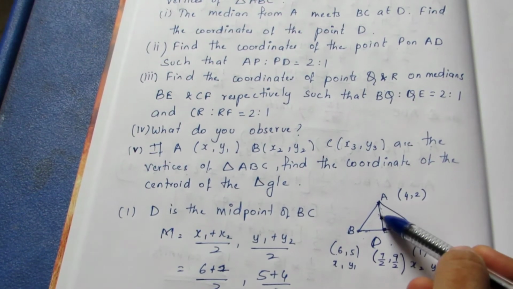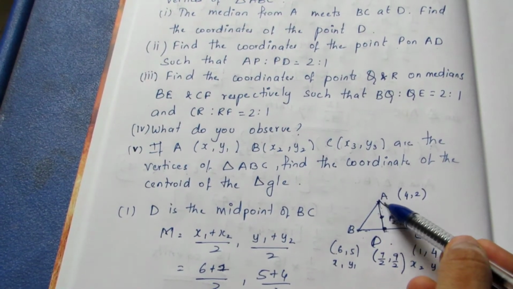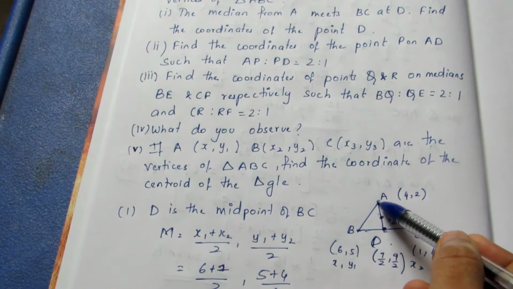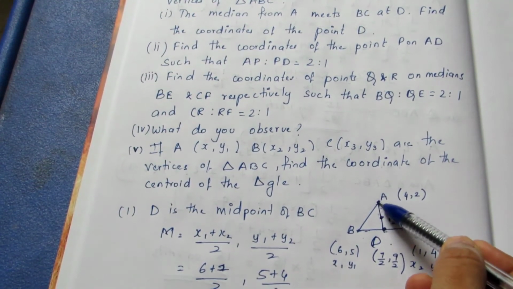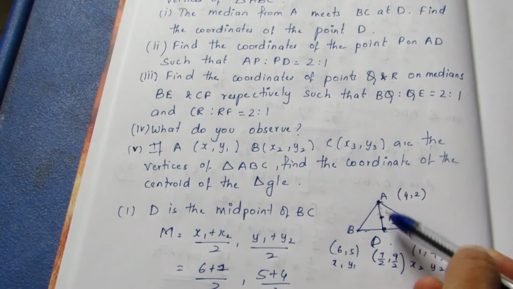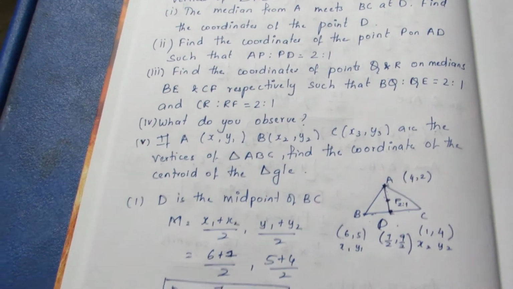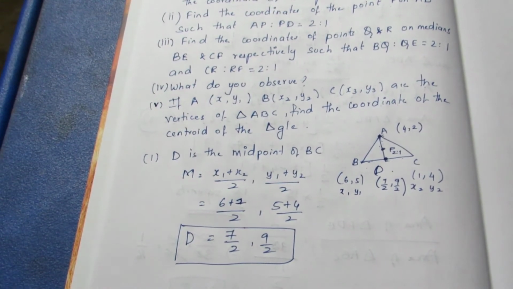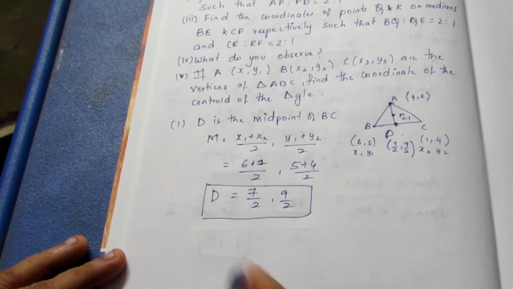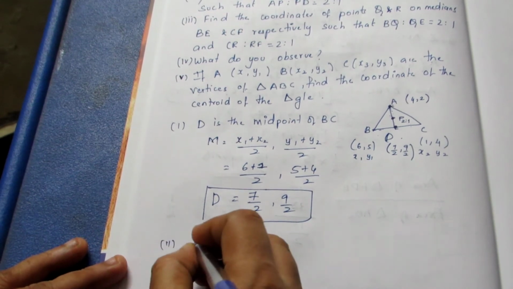In this line, P divides in the ratio 2:1. That means from top to down. So we need to start with the point A because it is AP by PD. And it is given in a ratio, so we are going to use the section formula. Before starting, write the formula first.